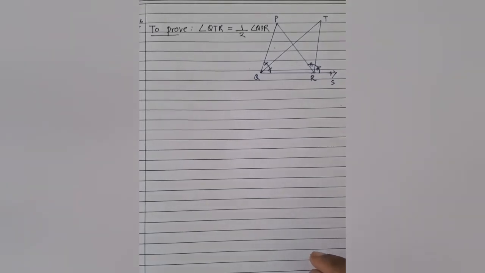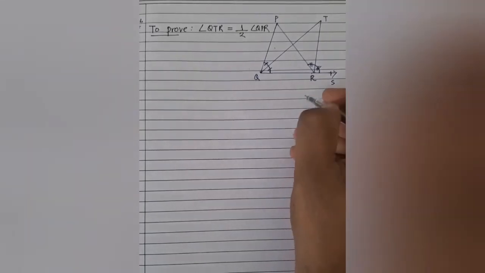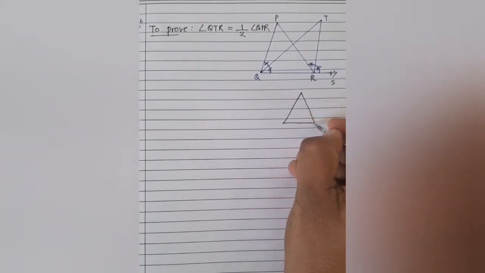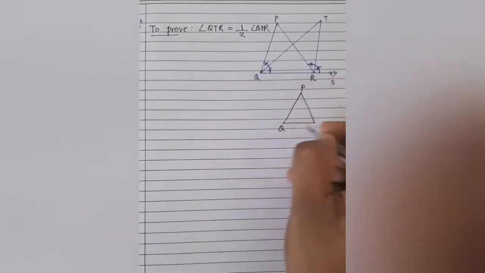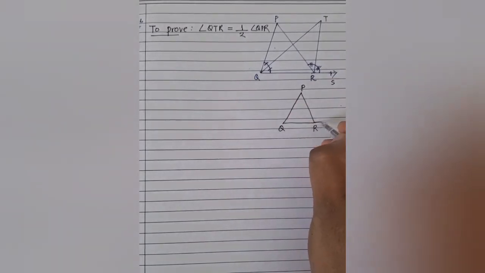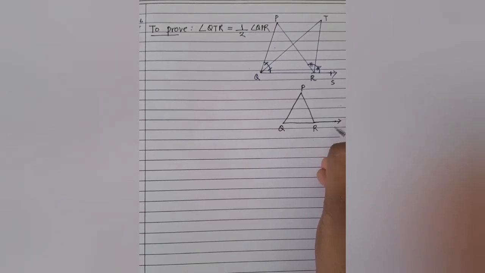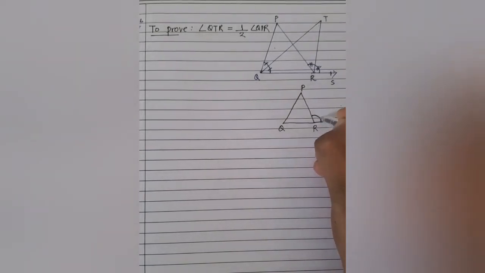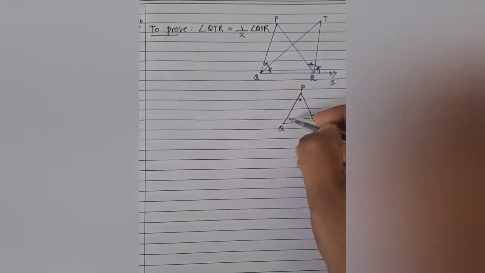Now, to get to the solution of this, I shall be using the exterior angle property of triangles. Let me consider triangle PQR. So we have triangle PQR over here, and as given in the question, this is extended to point S. If I consider it that way, which is the exterior angle? This one. And we know that in the case of a triangle, the exterior angle is equal to the sum of the two opposite interior angles.